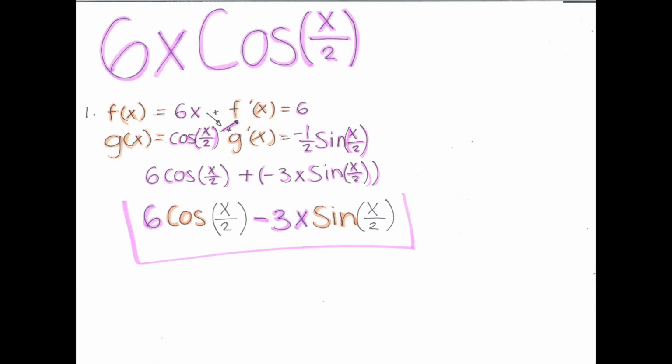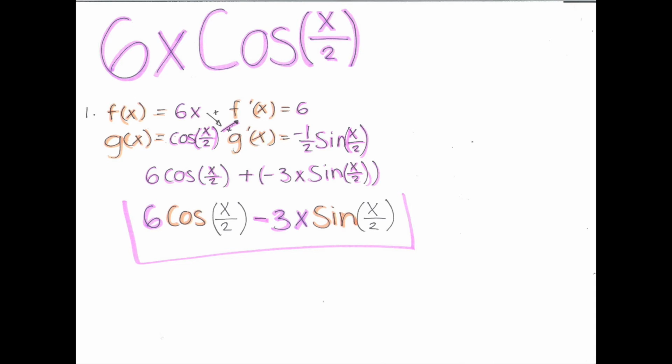Then we have g of x, that is cosine of x divided by 2. And the rule is, if it's a cosine of x, it will change to negative sine of x. So we need to differentiate the x over 2 inside the cosine, and any number next to the x will remain and the x will disappear. So the answer will be negative 1/2.